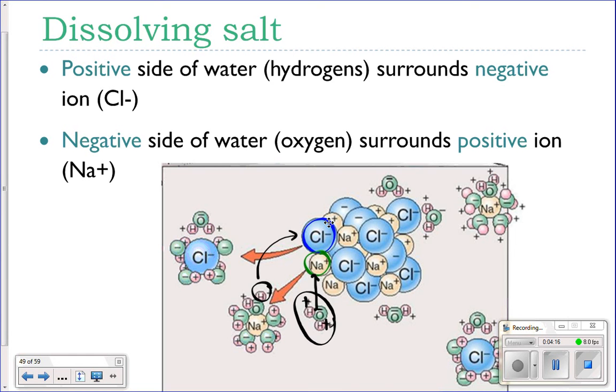As these water molecules build up around the sodium and chloride, they are tugging on the ionic bond between the sodium and chloride. As they keep tugging, more and more water molecules come and pull the two ions apart. Once they've pulled the two ions apart, you can see in this part of the picture the sodium ion in the middle with the water molecules arranged around it, and the chloride ion over here with all of the positives arranged around it.